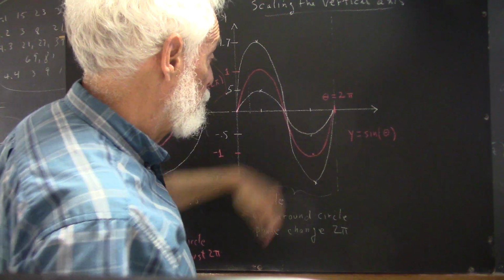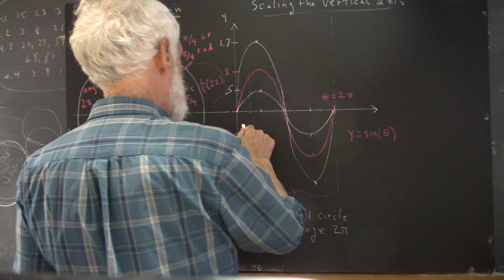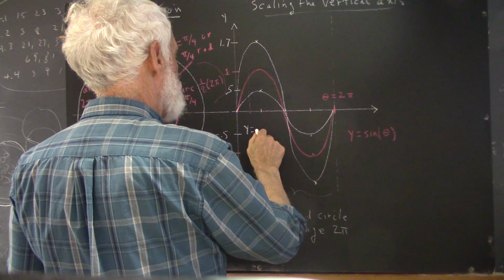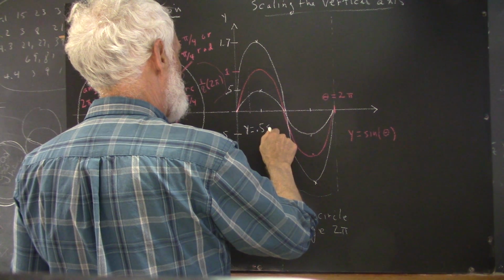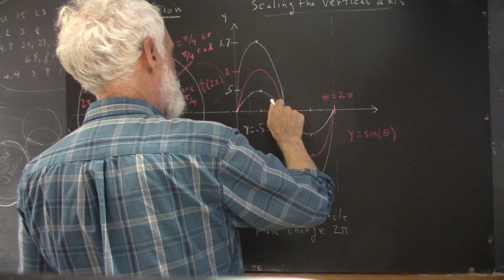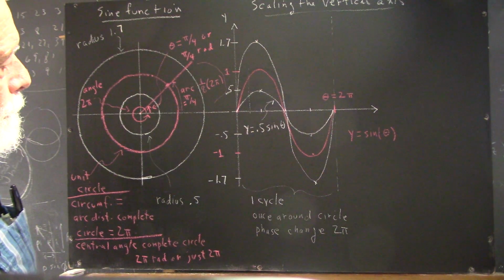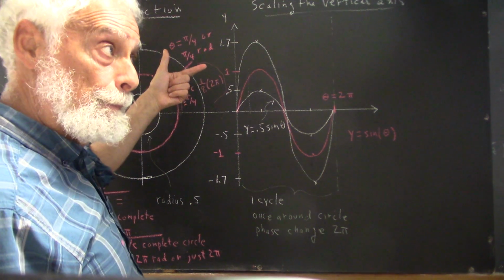Well, in that case, we can say that this graph here is the graph of y equals 0.5 times the sine of theta. Okay?